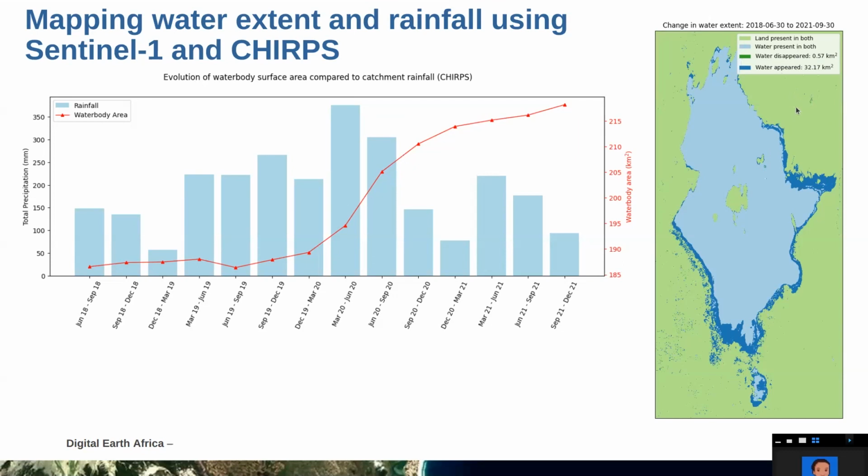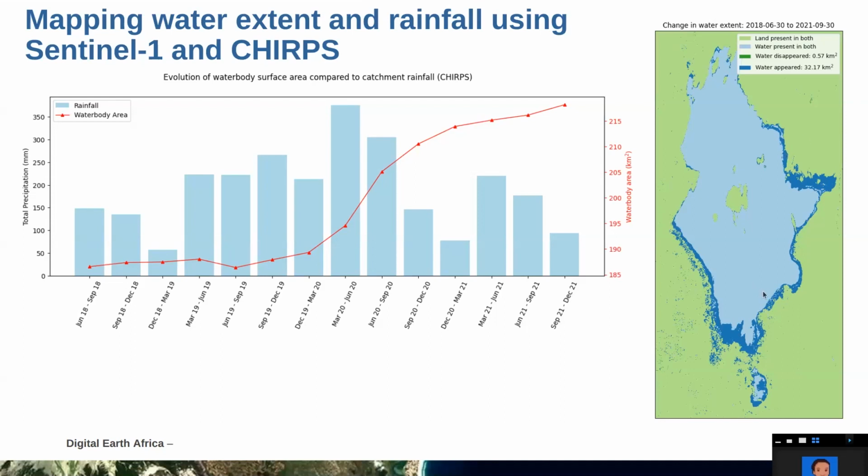The green represents land, pixels that remained as land between 2018 and 2021. The light blue are pixels that remained as water between the two selected time periods. And then we have the dark blue, which is pixels that were not water in 2018 and are now classified as water in 2021.